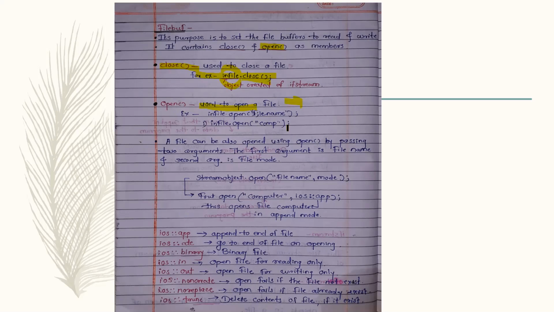Syntax for the open function is file stream class, stream object dot open function, and file name. In file is an object of the stream class, dot open function, in inverted commas, the file name. Means the file which we want to open, give its name here.